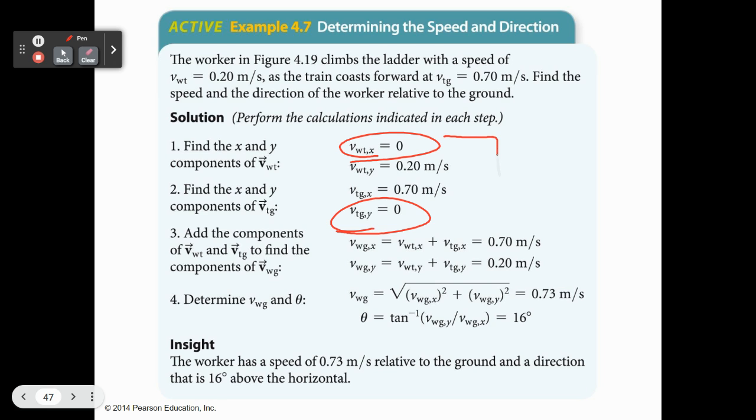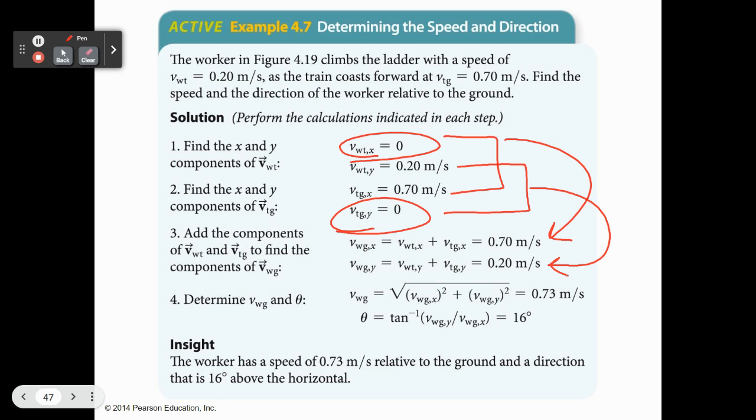So we're going to do the same thing we did before. We're going to add the two X components together, then add the two Y components together, and that will give us the components of our resultant V_WG, worker to ground. So W_X is going to be 0 plus 0.7, and then worker to ground Y is going to be 0.2 plus 0.